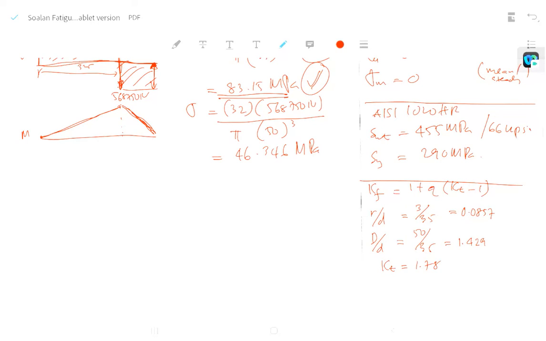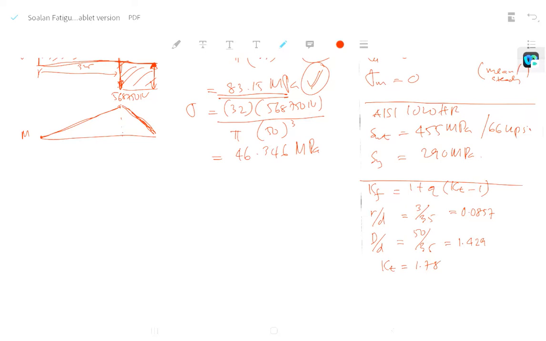Okay, Q value is Q. The notch R value is 3.